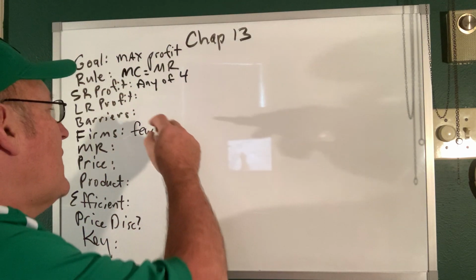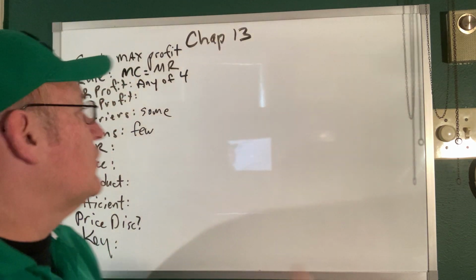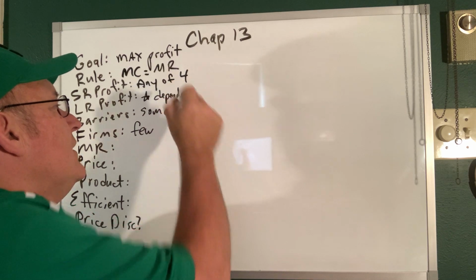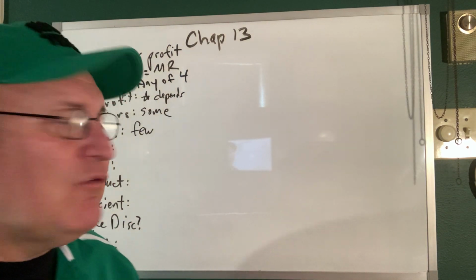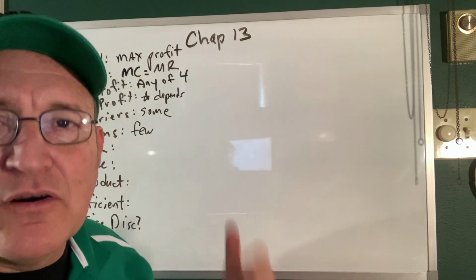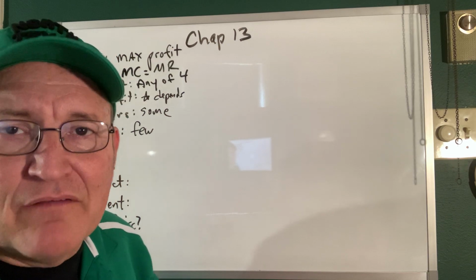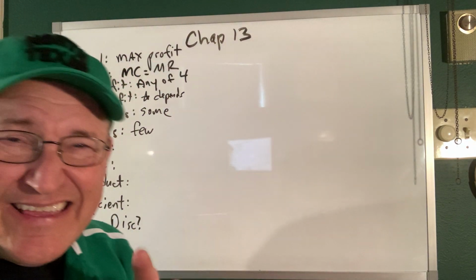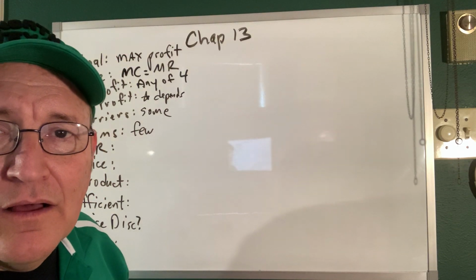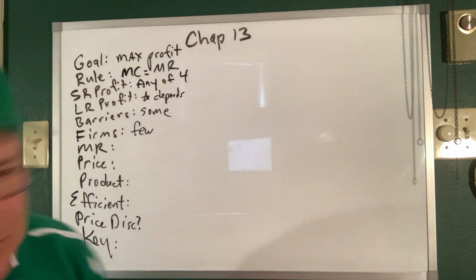Okay, so in an oligopoly, there are some barriers. So long run profit depends. And again, it's sort of the answer I gave you before. To the degree that they can maintain barriers, then firms in an oligopoly can, in fact, enjoy economic profit in the long run. To the extent that they cannot maintain barriers, then it looks more like a competitive market structure in which that's competed down to zero.